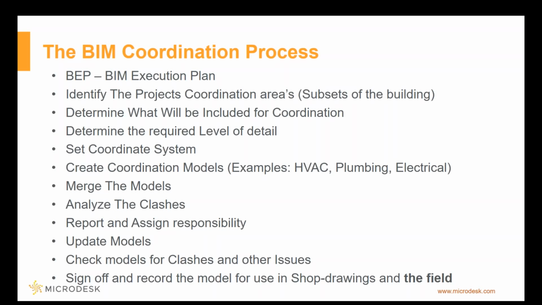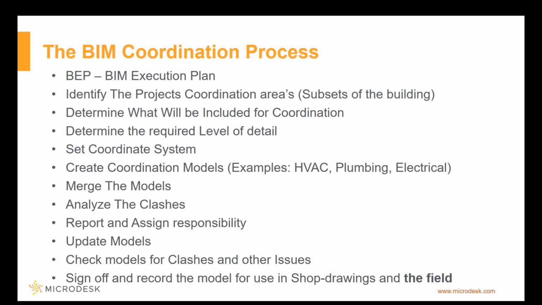We need to determine what will be included for coordination, like what types of equipment and what systems. We need to determine the required level of detail of those elements in the model. We need to set the coordinate system, and then we need to go ahead and create the coordination models.